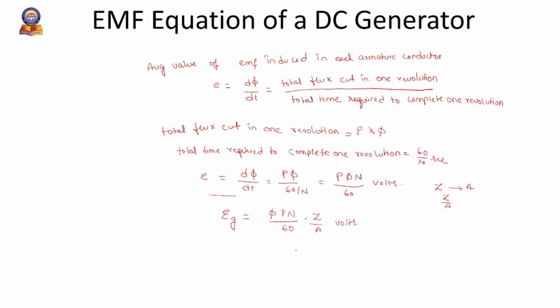As the armature is connected in the form of lap or wave type, in case of lap, A is equal to P. So substituting in the above expression, psi Z N by 60 into P by P, replacing A with P. For a wave wound, A equals 2.